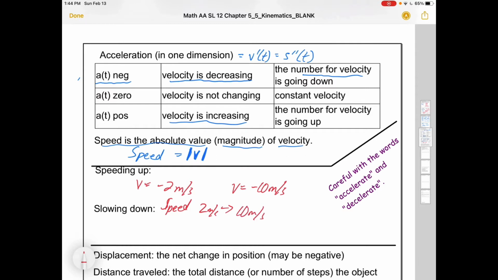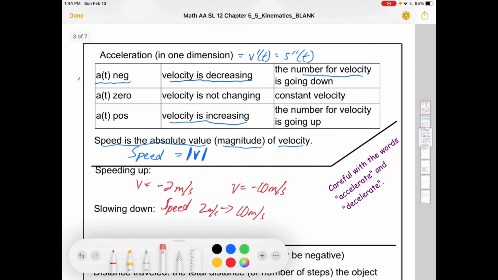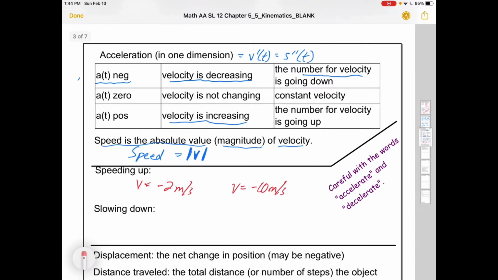I think unequivocally in this case, you're speeding up. You're just moving left as you do it. But if that's the case, then in this case, acceleration is actually negative. So negative acceleration does not mean slowing down. It means the number for velocity is going down. Going from negative 2 to negative 10 is going down.